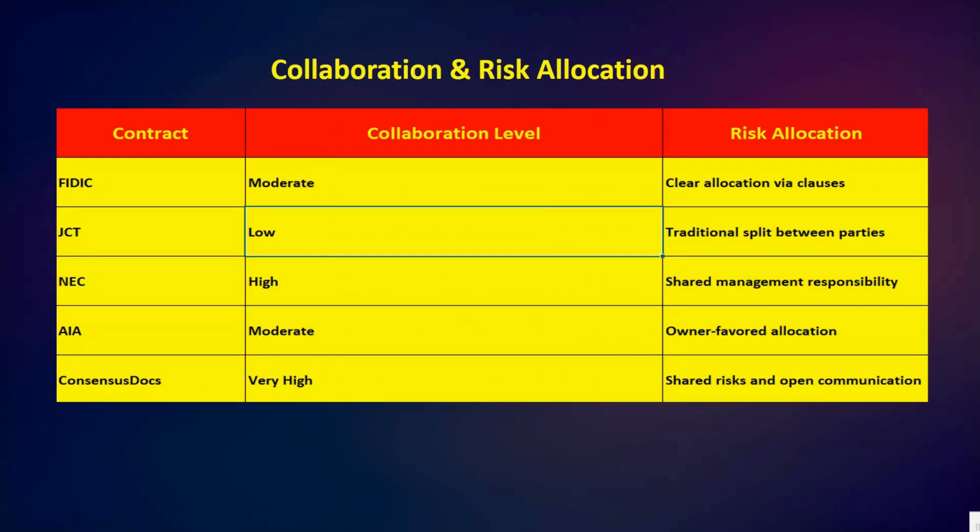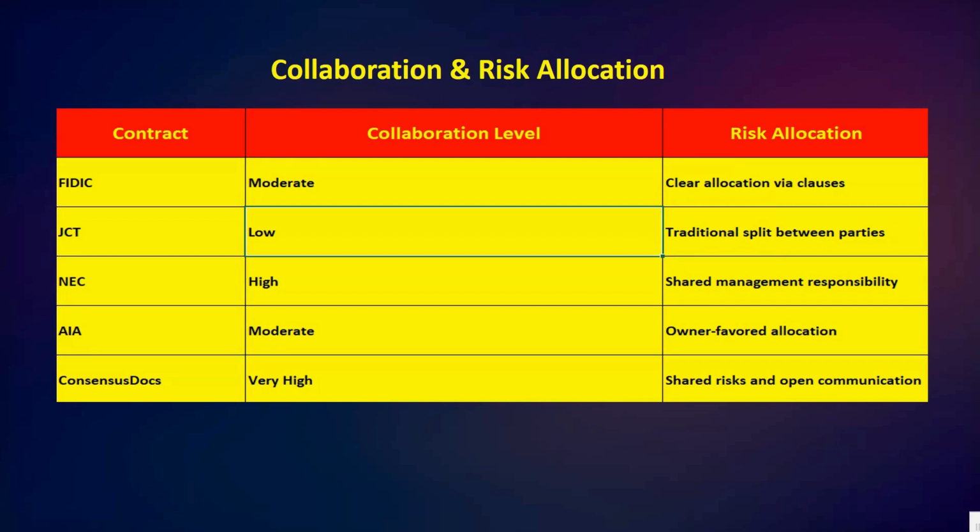So next we have collaboration and risk allocation. First, let's discuss the FIDIC contract. FIDIC has moderate collaboration. It clearly defines the responsibilities, but keeps parties separate in their roles. Second, we have JCT.